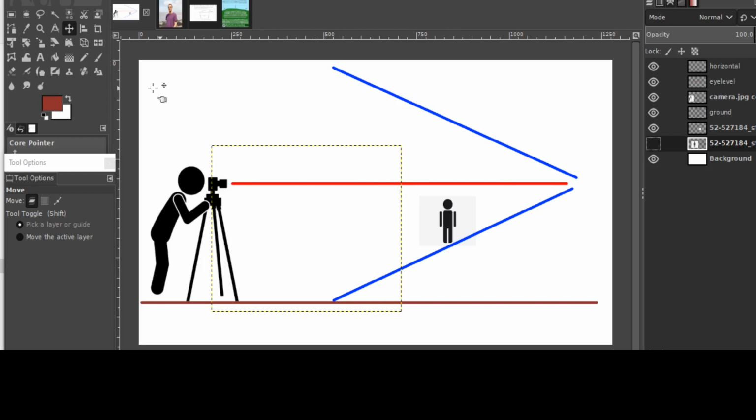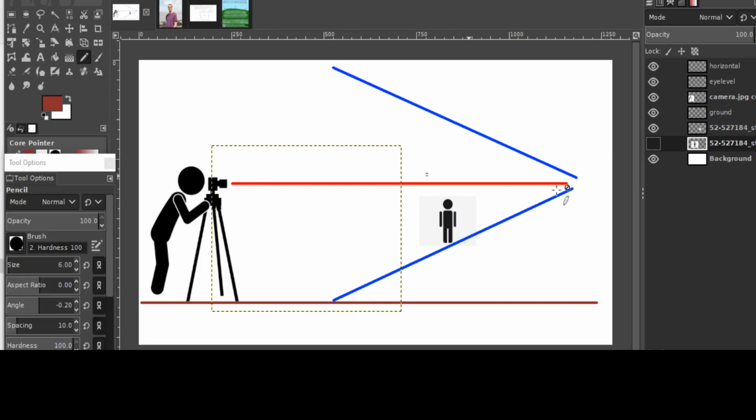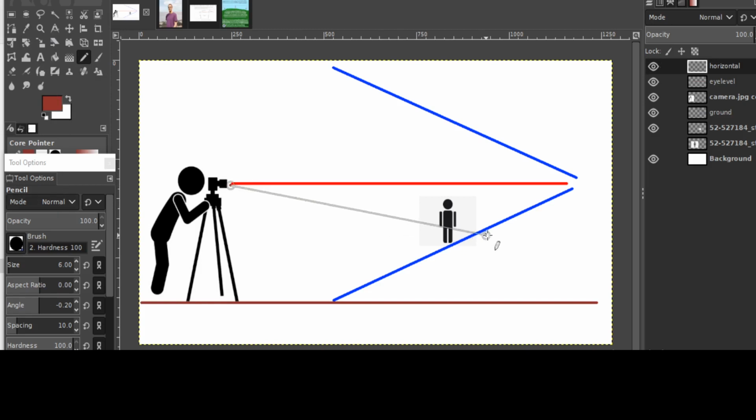So that's really simply how it works, because ultimately, if you're using a theodolite, then as I pointed out, the line of sight is going to be lower than this horizontal line.